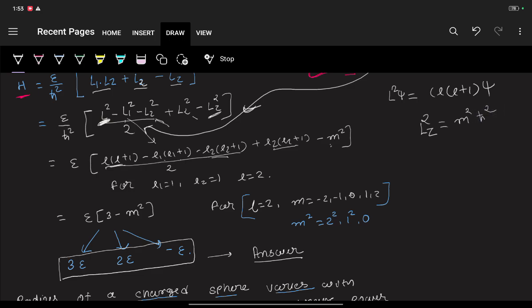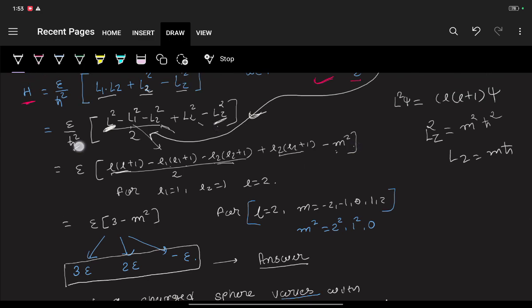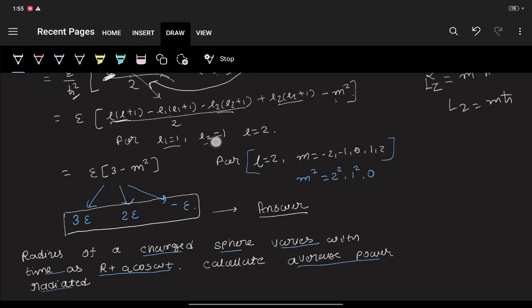Lz basically gives us m h cut, and we took this h cut square common from all these terms, and this will cancel out with this. After putting all these things we get this expression: L is equal to 3 minus m square.